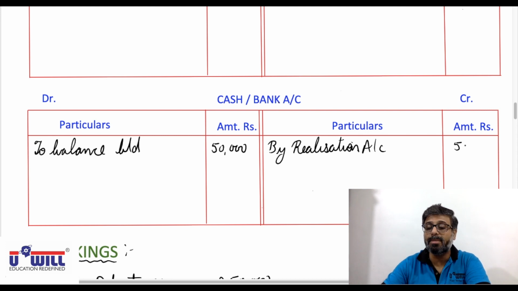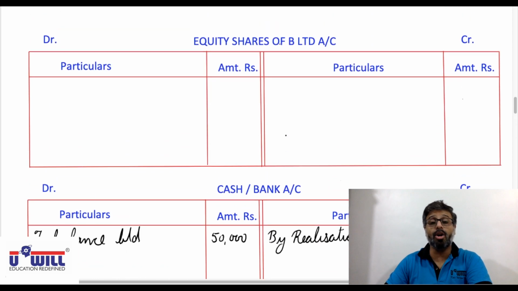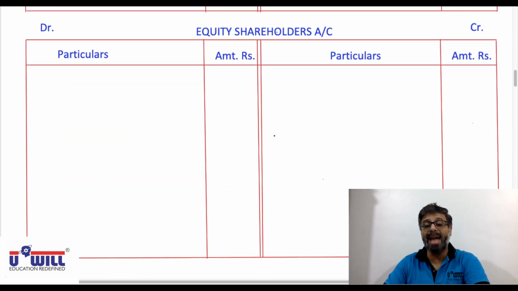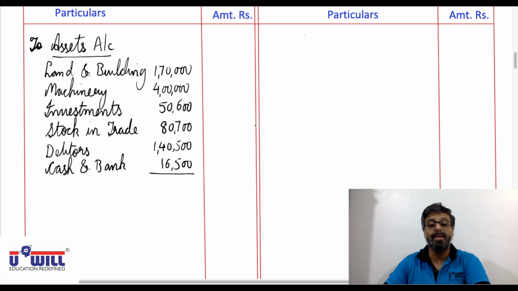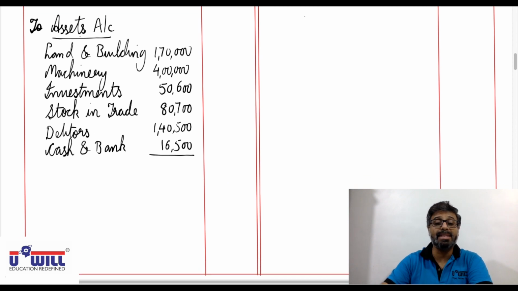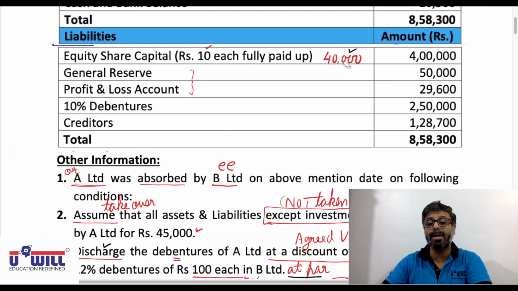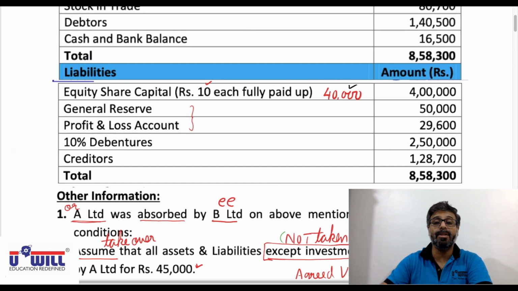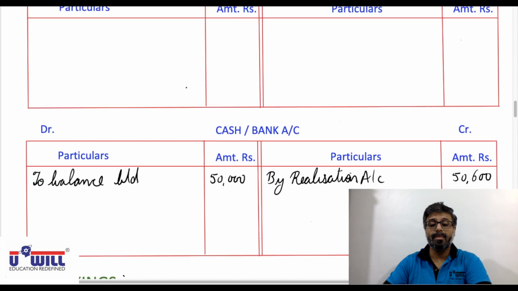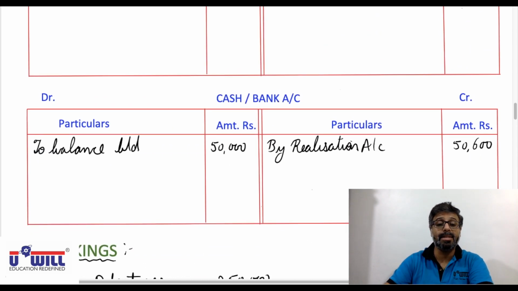All of you must remember this. We had done it in the last question also. In the last question we had workmen compensation fund also, a liability, but in this question we don't have it, which we had transferred to realization. Okay. Sorry, cash and bank is 16,500. I'm sorry, make it 16,500. Not 50,600, 16,500.